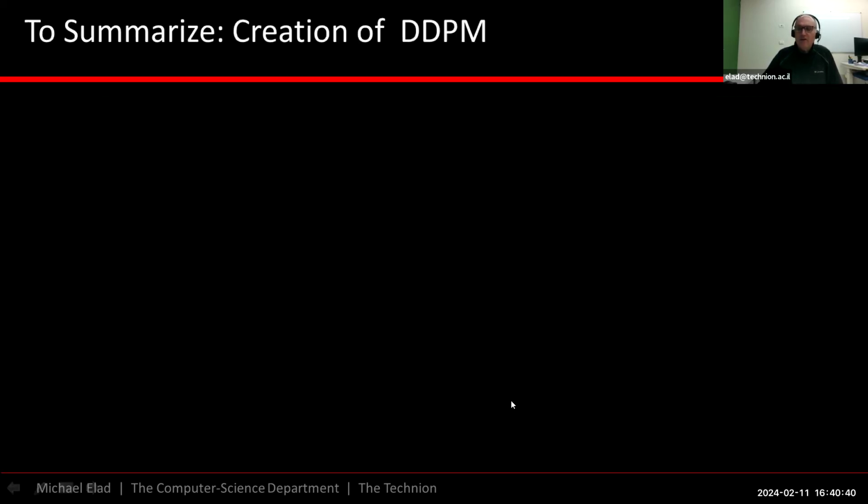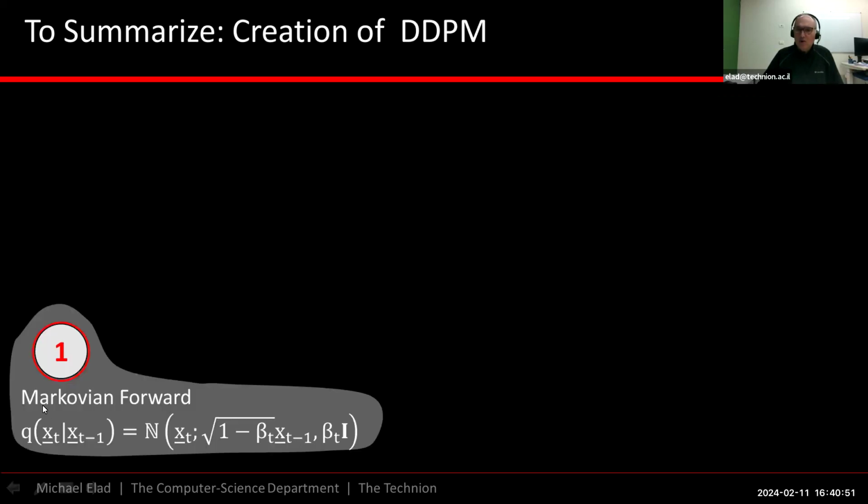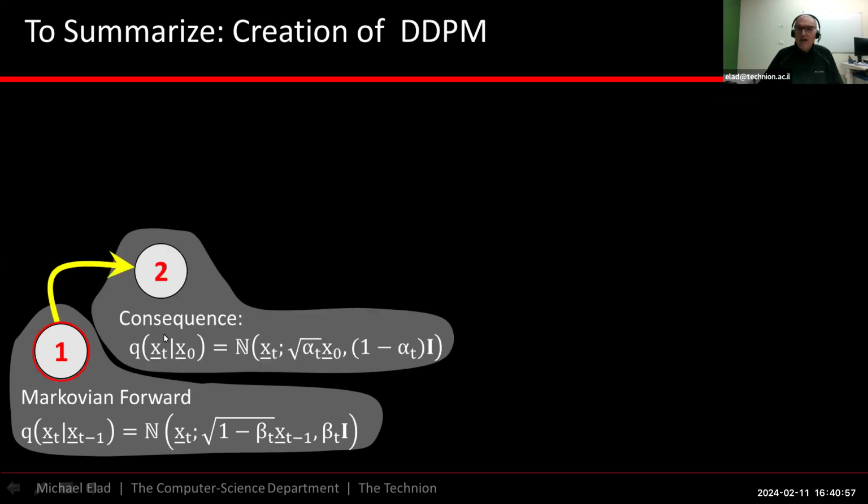Here is a summary of the chain of rationale that took us one step at a time all the way through the steps I've shown you in order to create the eventual algorithm. We started with a Markovian incremental structure that goes forward one step at a time. Very simple. We realized that it can be replaced with large steps that go from x0 to any xt.